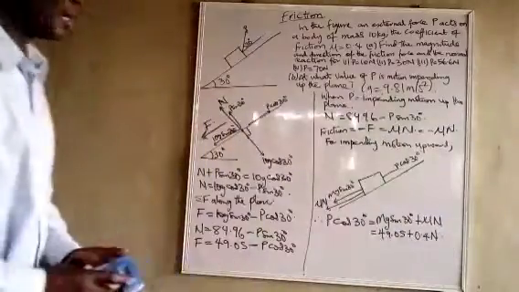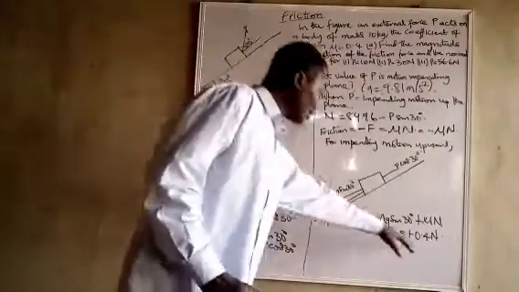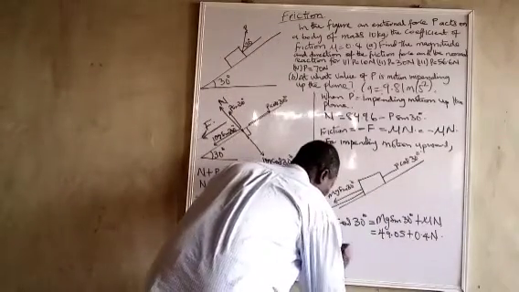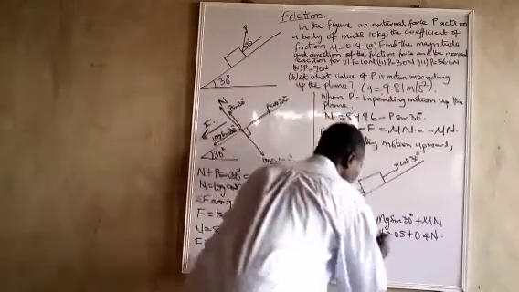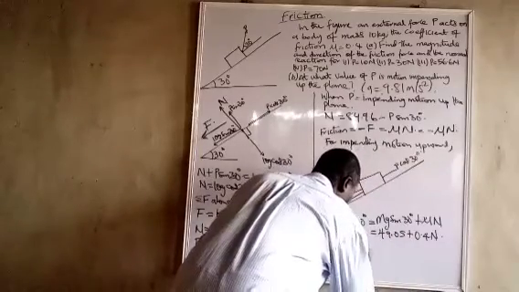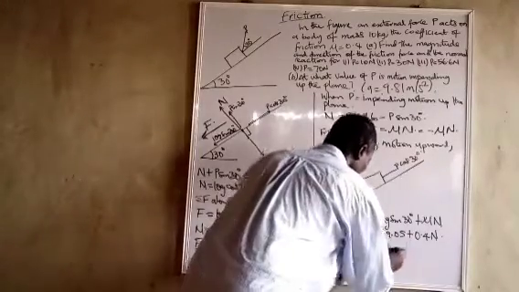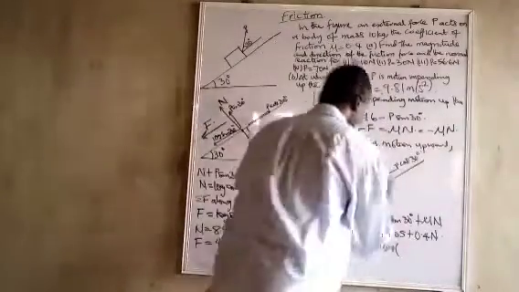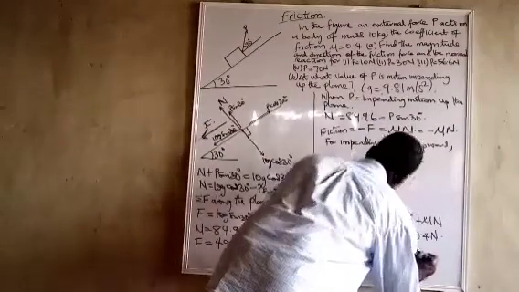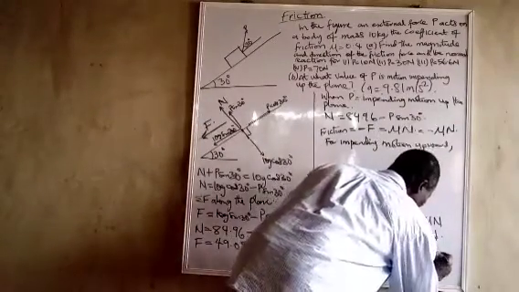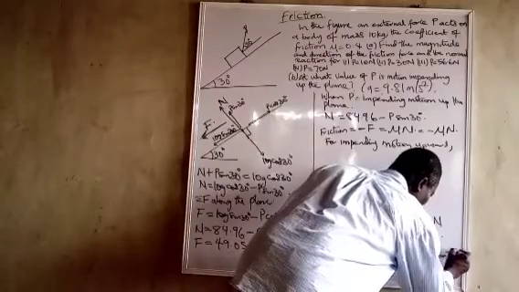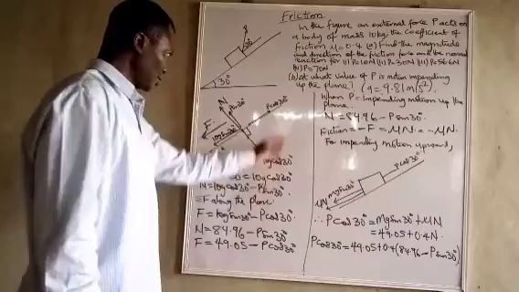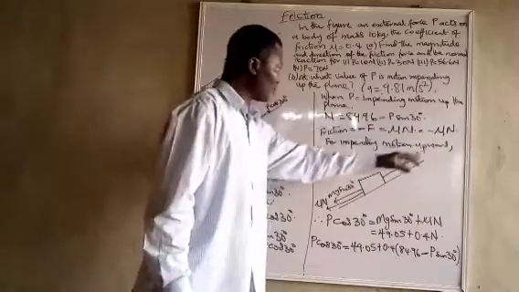From here, I have got what n is, so I can substitute here. P cos 30 degrees will be equal to 49.05 plus 0.4 into 84.96 minus P sin 30 degrees. For impending motion upward, this one should be equal to minus mu n, and that's what I'm doing here.